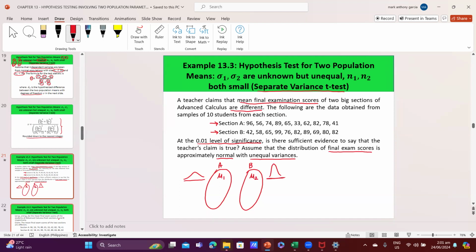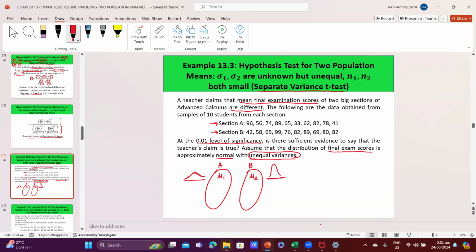As you can see, the width of section B is lower or narrower than the width of section A. So that indicates that the population standard deviations of these two populations are not equal, or the population variances of the two populations are unequal.